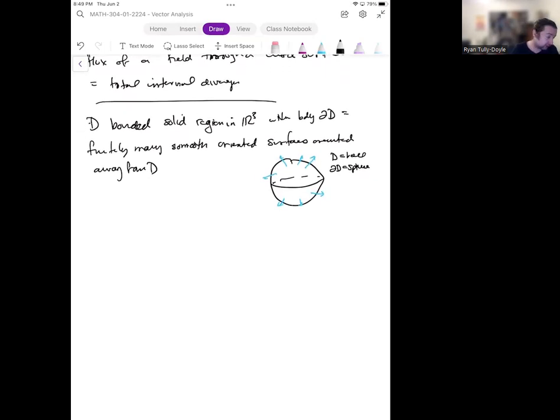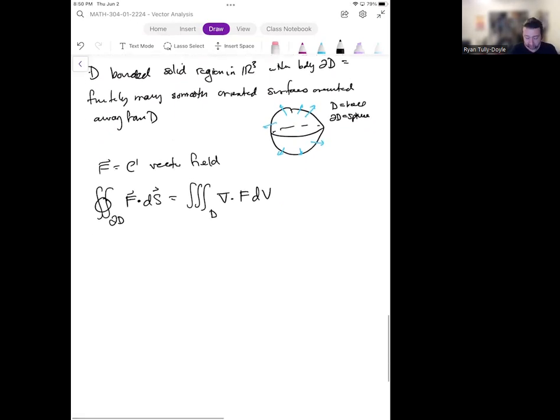Then what the divergence theorem says, if F is a C1 vector field, is that this closed double integral over the boundary of F dot dS is equal to the triple integral over the interior of del dot F. This says flux through the boundary is equal to total divergence inside.